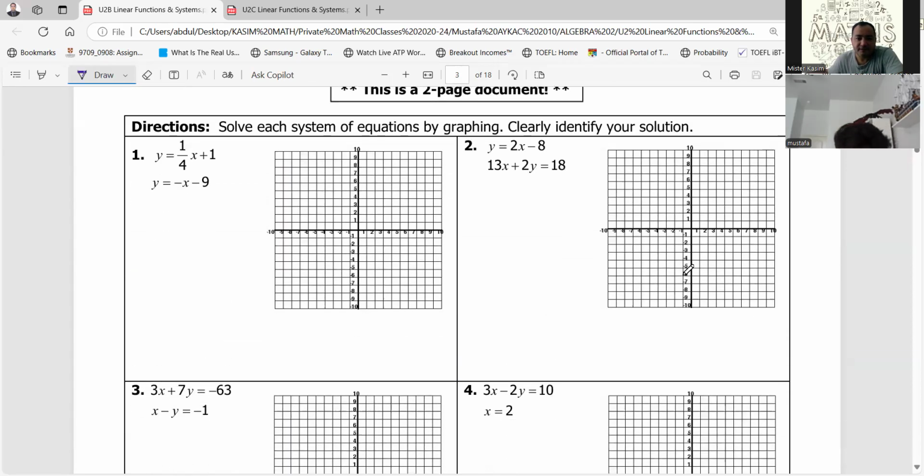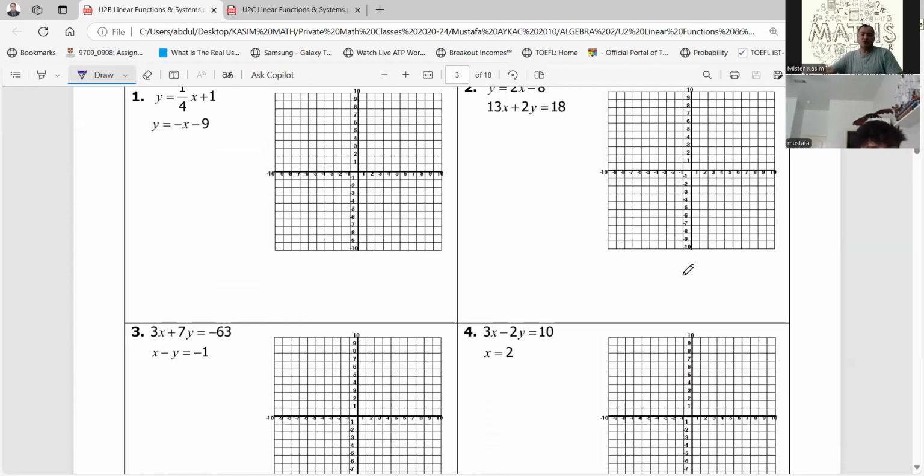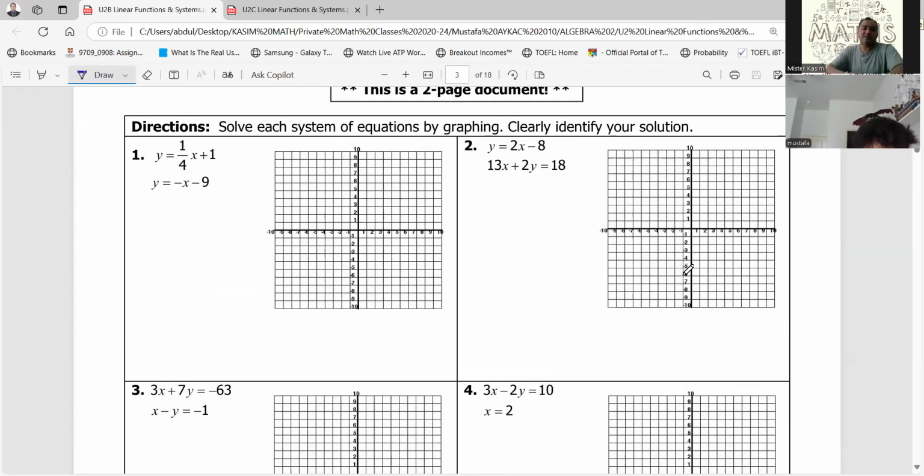All right. Can you solve question one using the substitution method? So now we are using the substitution method, right? That method is called substitution.